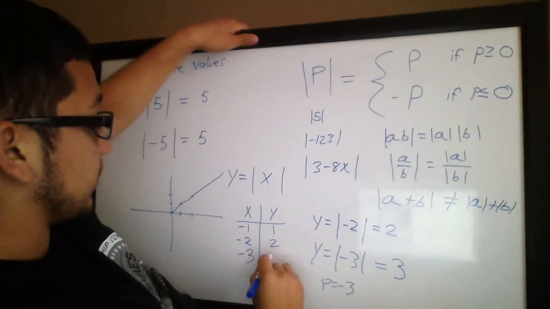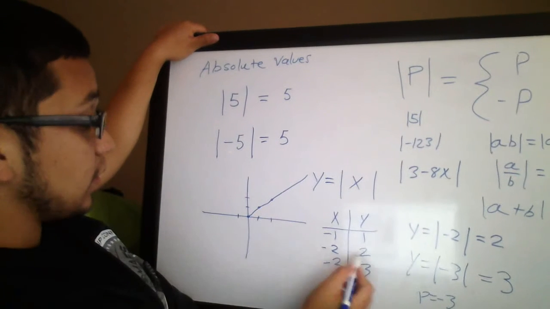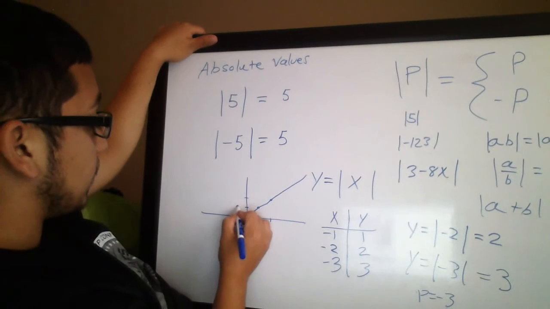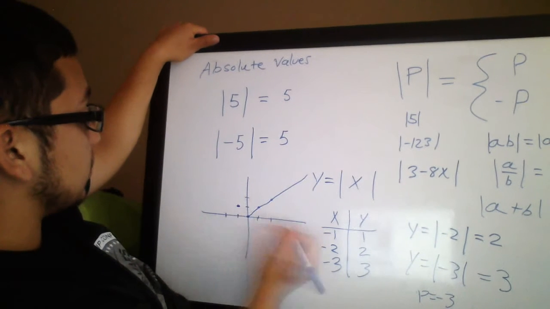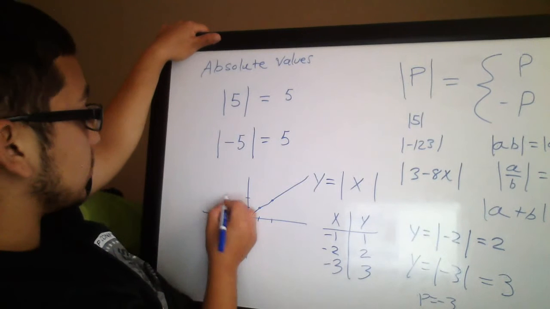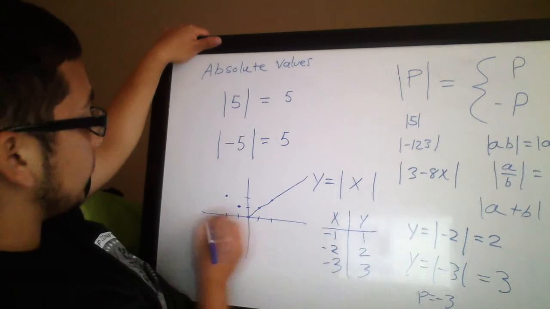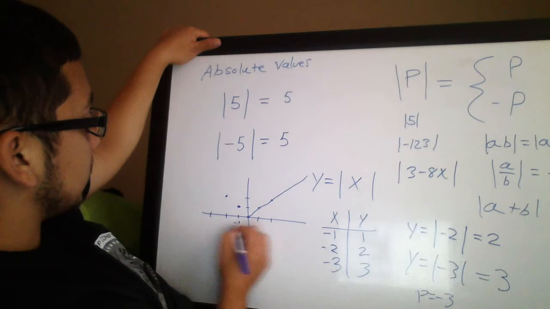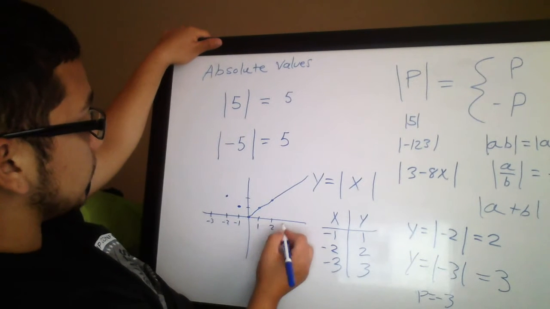So we can just plot this. X is negative 1 here, and y is 1 here. X is negative 2 this direction to the left, and y is 2, so here. And x is negative 3, so it's negative 1, negative 2, negative 3, and y is 1, 2, 3.